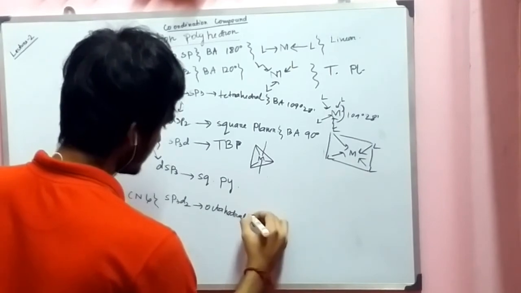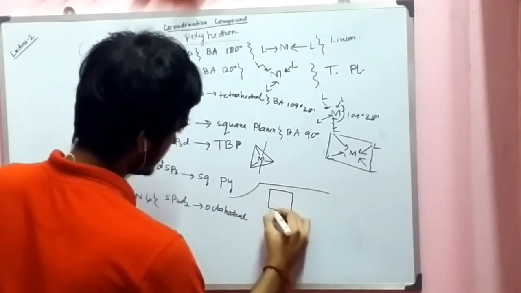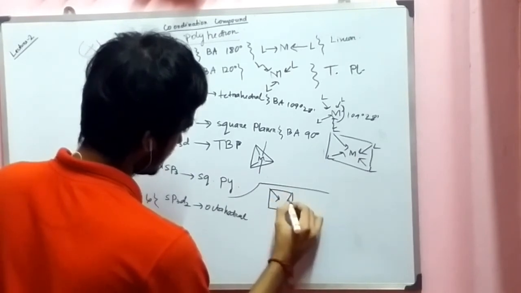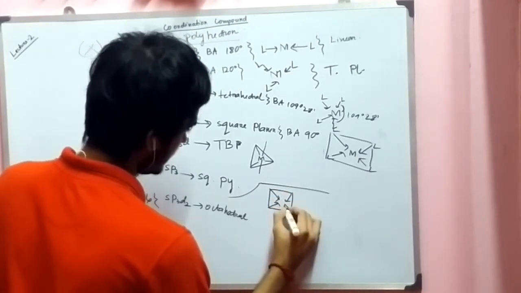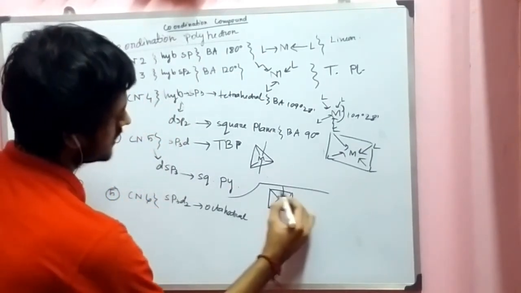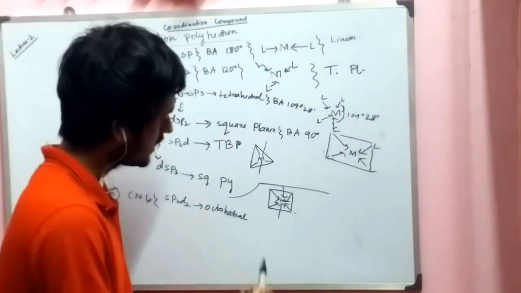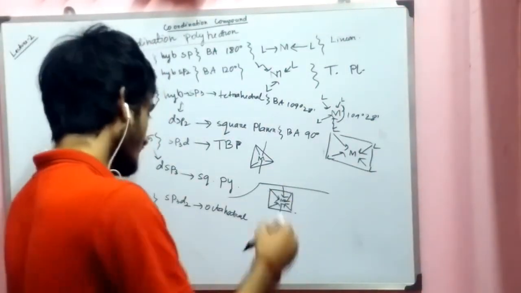Octahedral, the shape is like this: 1 2 3 4 5 6. Metal in the center, and 4 ligands are in the plane, and 1 ligand is above the plane and 1 ligand is below the plane.